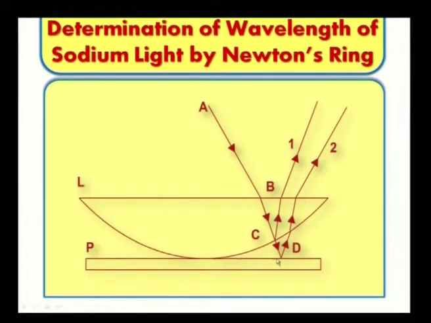If D is bright, then all the points whose radius corresponds to this point from center to D, you will be getting a circular bright ring. On the other hand, if D becomes dark, then corresponding to the radius, you will be having a dark ring. So, you will be having rings instead of straight lines as in the case of air wedge.